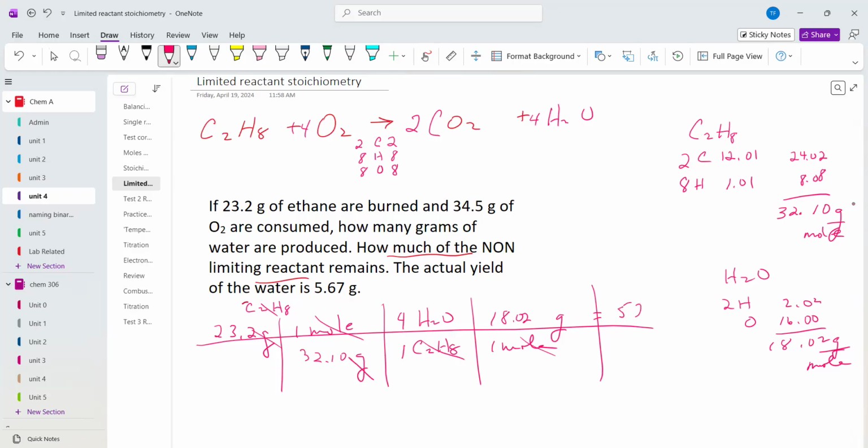This is your base. Okay, so that's step number one.